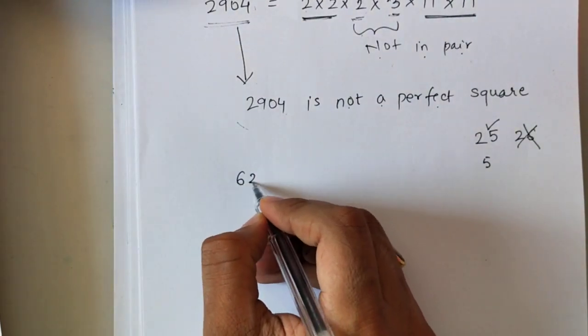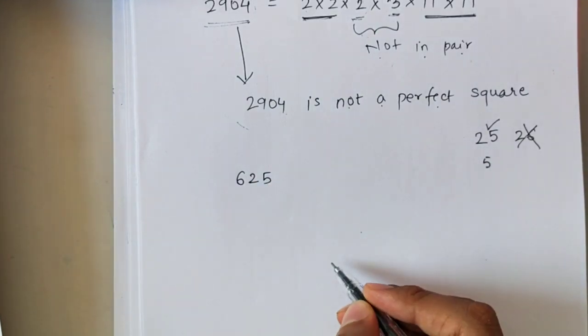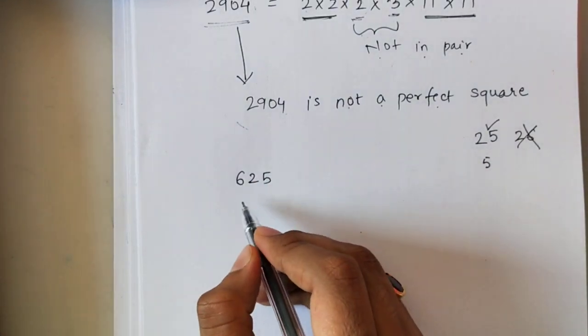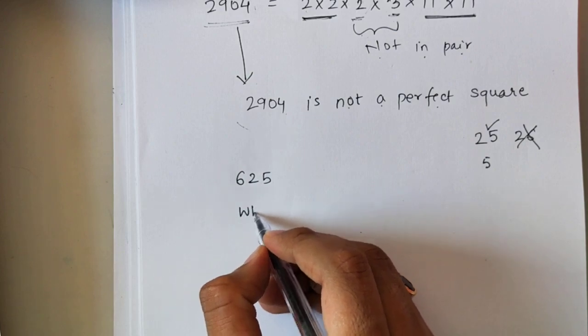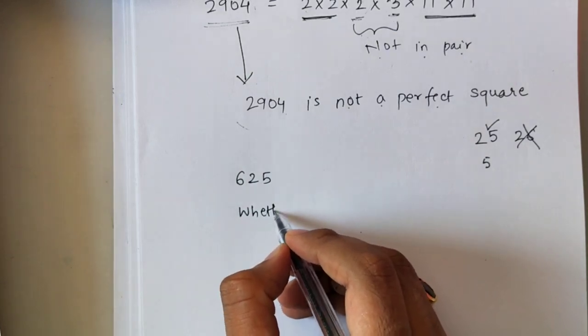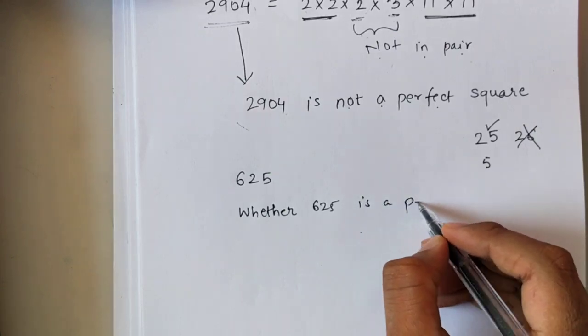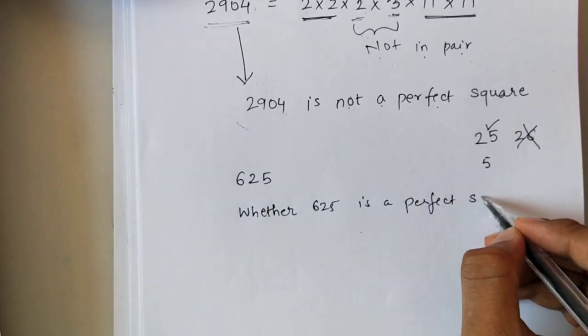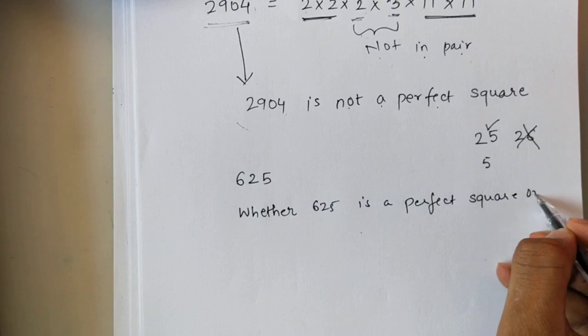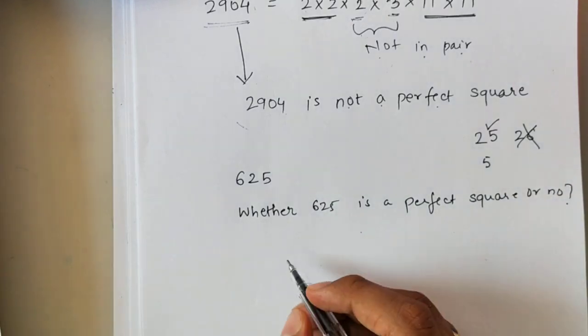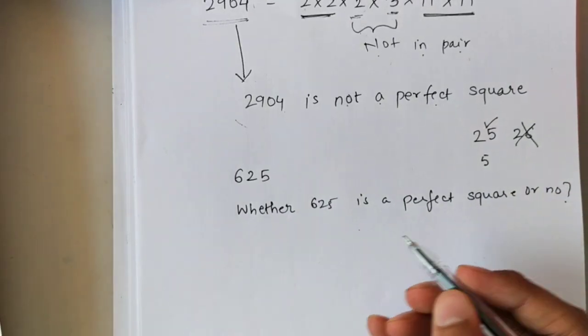Now let's take a number which is a perfect square. Let's take 625. In the question they are asking me whether 625 is a perfect square or no. If they ask me like this, what will I do?